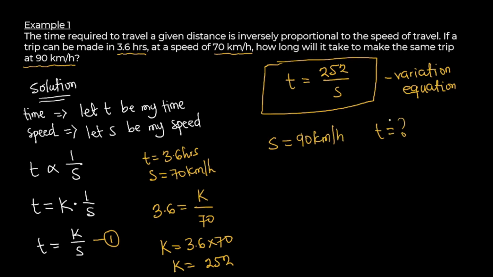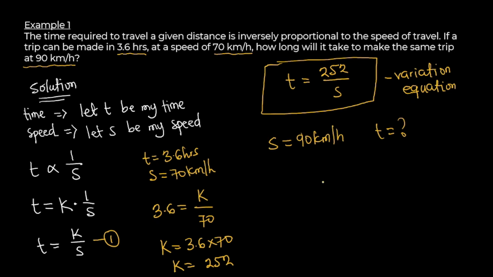Now, straight ahead, there is a conclusion that I can make from this question. I know that my initial speed was 70 and it has increased to 90. And the fact that the relationship between the time and the speed is an inverse relationship, I am confident enough to say that I'm expecting a time which is less than 3.6 hours in this case.